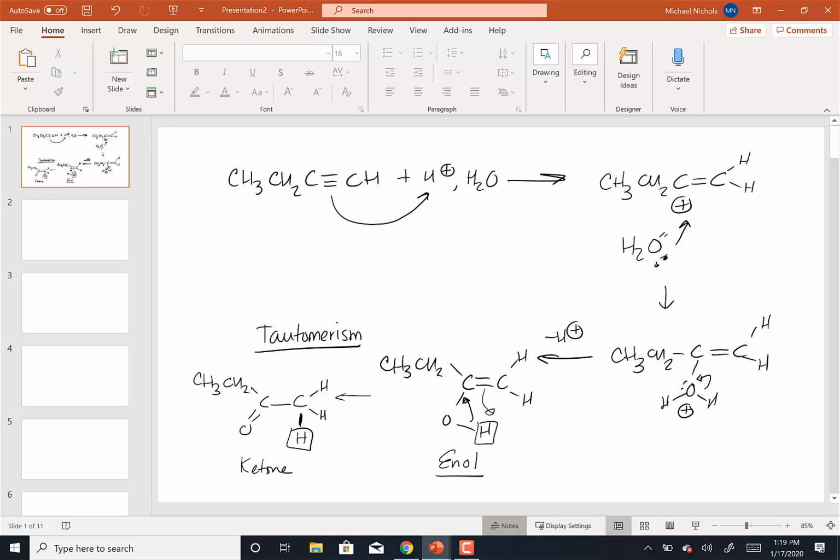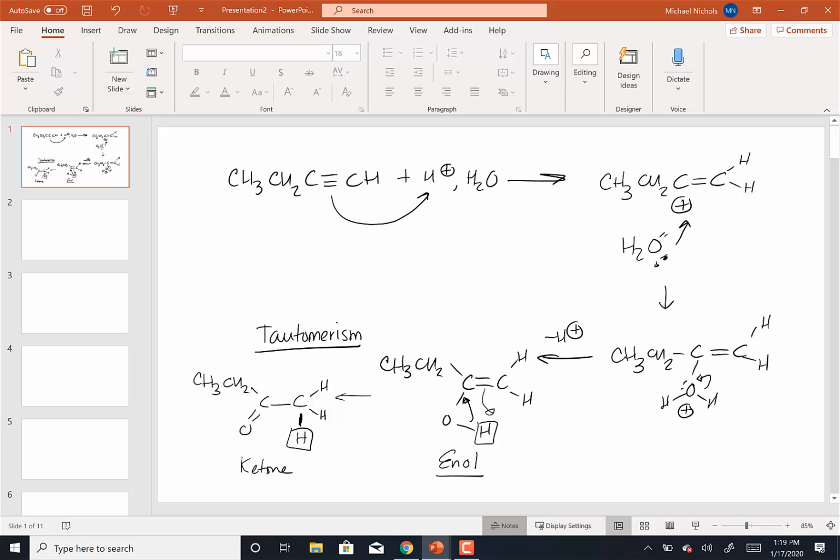So if you look in your book, the definition of tautomerism will be the simultaneous movement of electron pairs and a hydrogen atom. These are not resonance structures, because in resonance structures, the one thing we are never allowed to do is to break or make bonds.